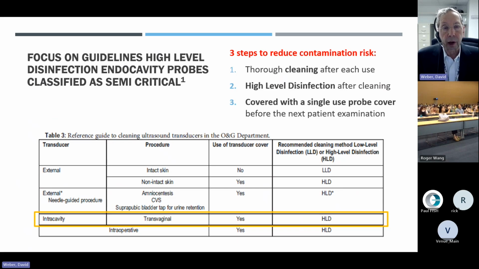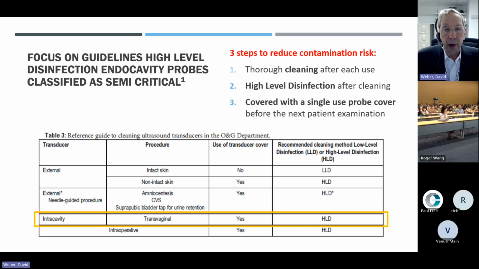Cleaning is the physical removal of dirt, grime, blood, bacteria, and other things. It's a necessary step because if you have substantial amounts of protein, blood, or other materials on any device, it impairs particularly sterilization and high-level disinfection.